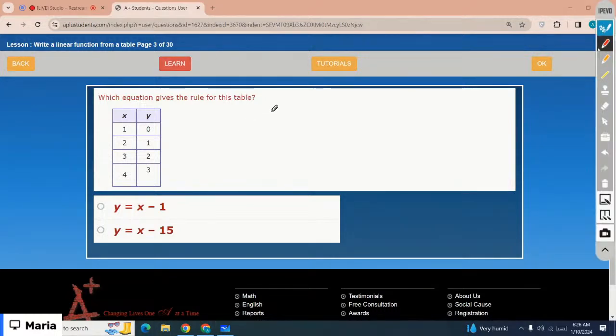The slope is m equals change. 1 plus 1 is 2, 2 plus 1 is 3, 3 plus 1. 0 plus 1, 1 plus 1. So the values are changing by 1. Change in y is 1, change in x is 1, slope is 1. You're not given the y-intercept.